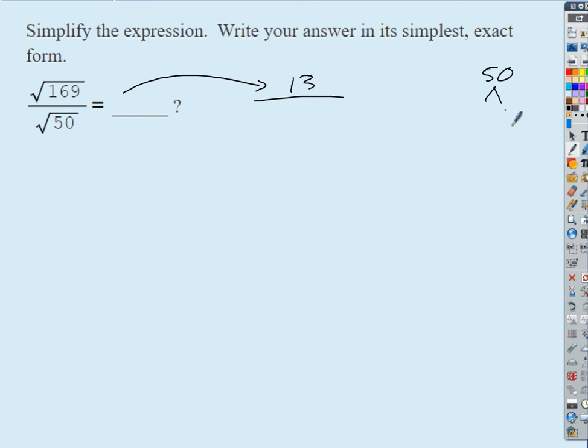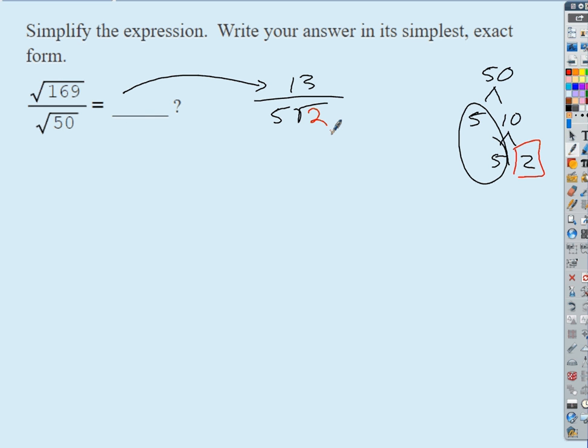What does 50 break up into? 5 and 10. 10 breaks up into 5 and 2, doesn't it? Right? Okay, and so look, we get a couple of 5s and a single 2, right? So on the bottom, we're going to get a 5 outside, and I'm going to get a 2 inside.